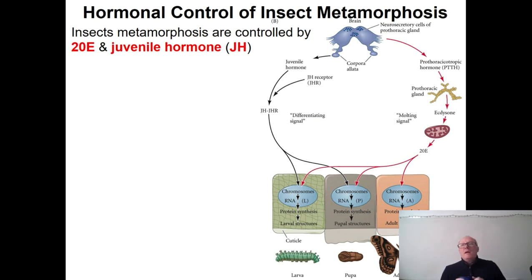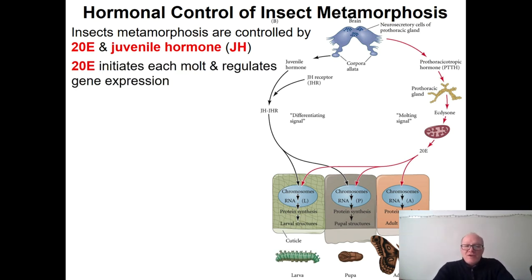How, excuse me, how is metamorphosis controlled hormonally in insects? There are two main hormones that are important for metamorphosis in insects. One is ecdysone and the other one is juvenile hormone.